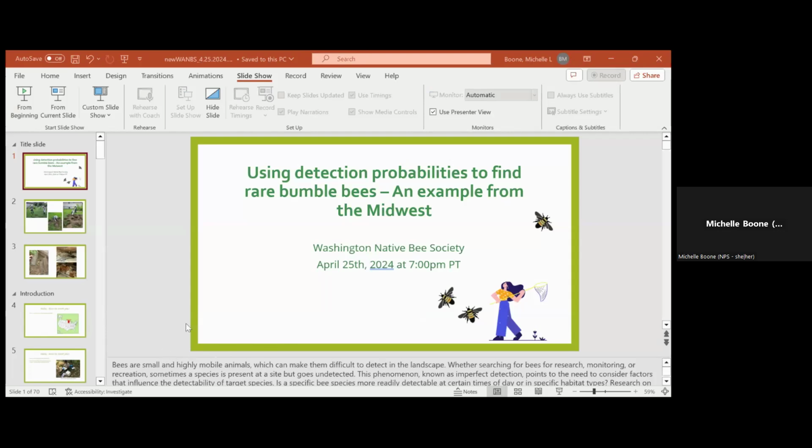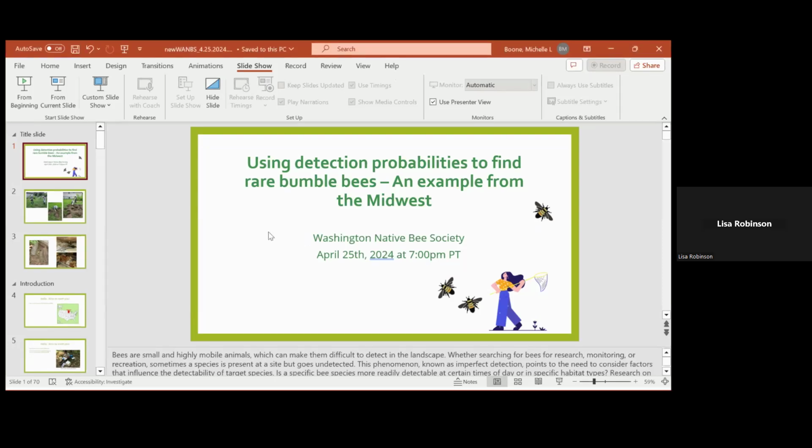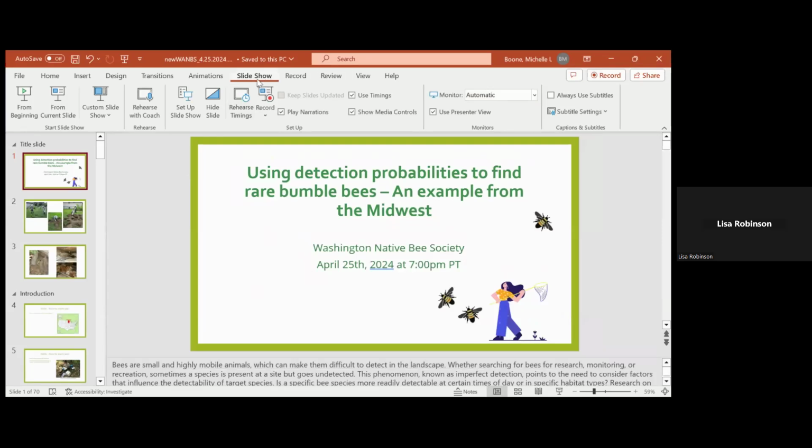I didn't realize I had it like that. Click on setup slideshow, Michelle, and then it should give you options for how you want to present it, whether as a full screen or in a window.